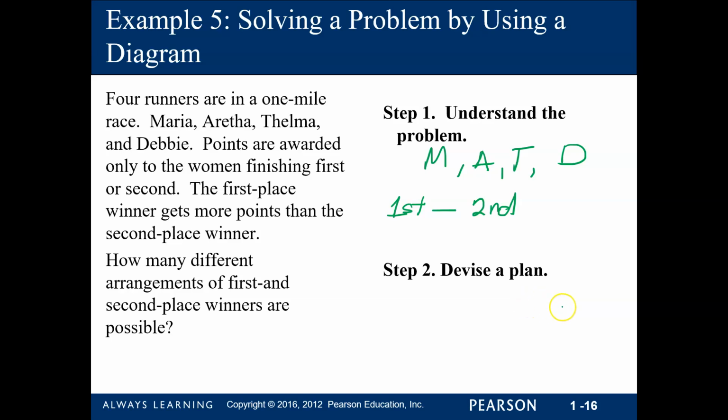Now, how many combinations of first and second will we need? So how are we going to devise the plan for this? You can identify an example. Let's say we choose Maria as our first placer. If she is the first placer, how many possible second placers could there be? Well, there are 4 girls. One of them is already in first place, so you have 3 possible second placers. It could be Aretha, it could be Thelma, it could be Debbie.